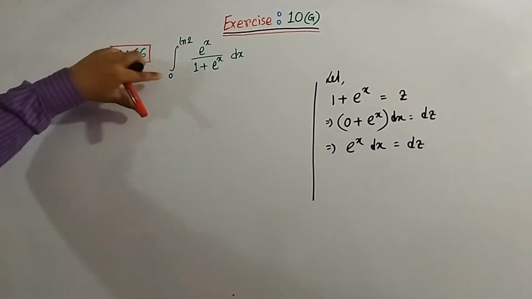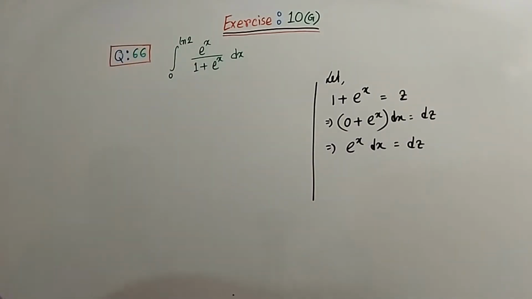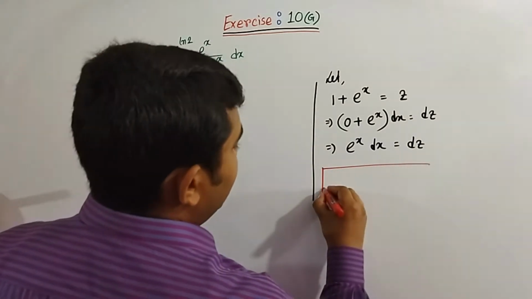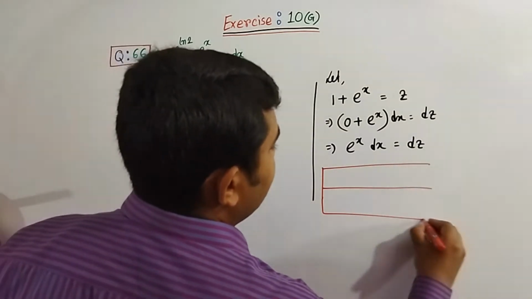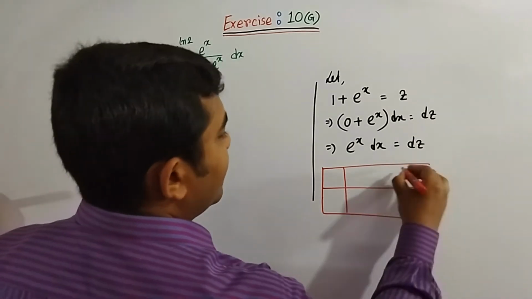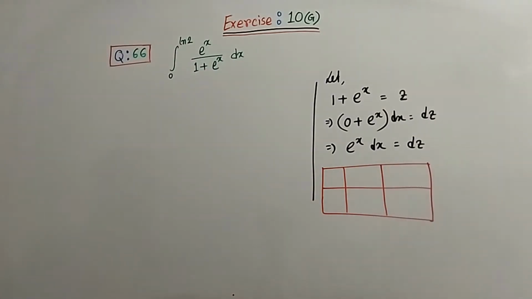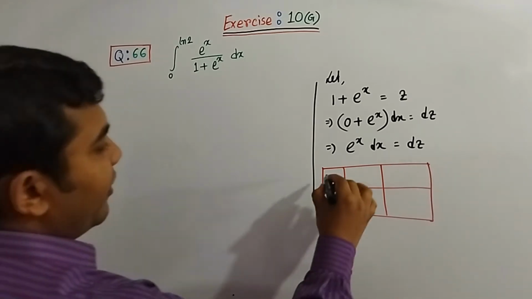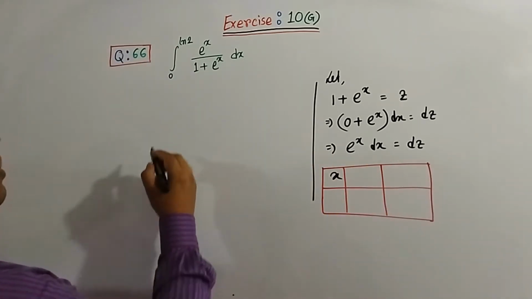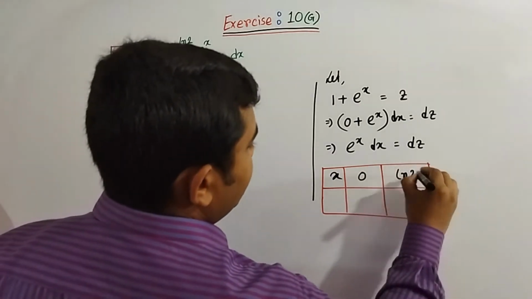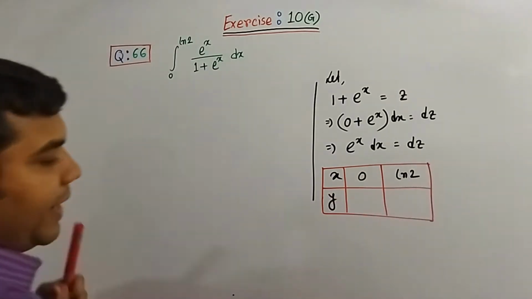And here two values were for what? For x. So for that we'll go for a calculation. For x there are two values, one is 0 and the other is ln 2.